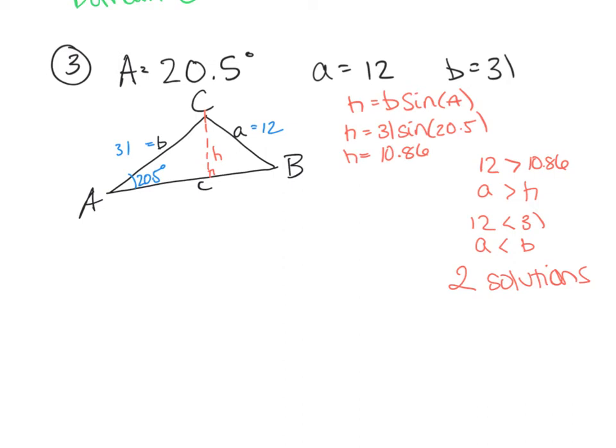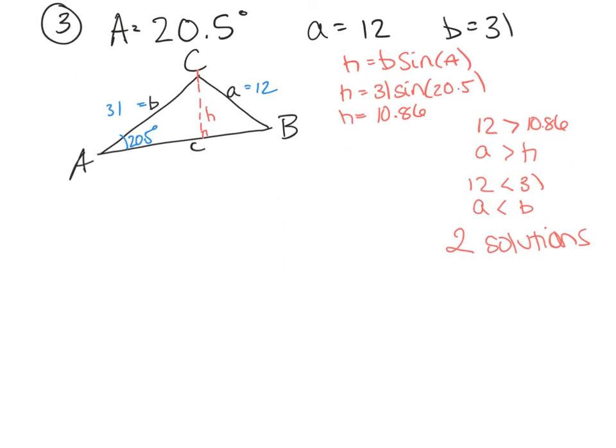The cool thing is that the first solution that we find, you solve just like you would any other law of sines problem. So let's do that. Let's do sine of 20.5 over 12 is equal to sine of B over 31. First, I'm going to cross multiply.